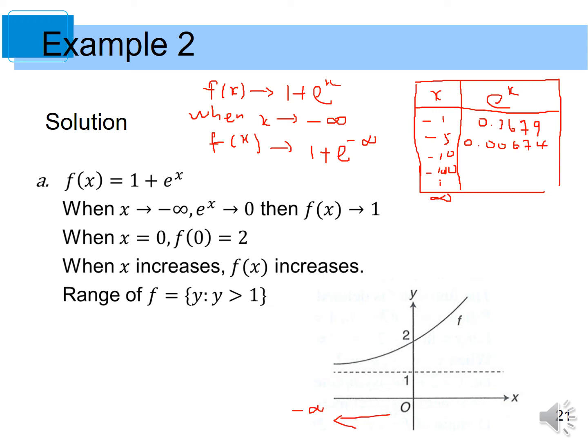And to the negative 10, getting smaller. 4.54 times 10 to the power of negative 5. And you can check for the negative 100 and so on. You observe the value here is getting smaller.